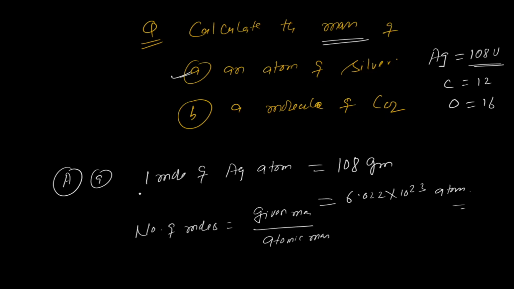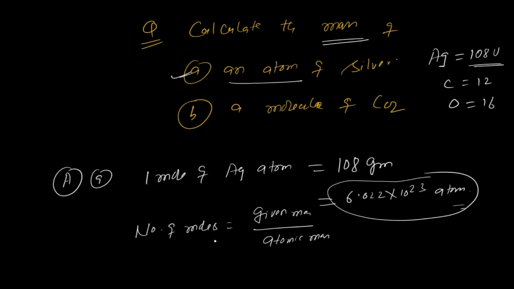They are asking for an atom of silver. 1 mole of atom has this much atoms. So basically the mass of an atom you have to find out. So mass of an atom is equal to given mass.